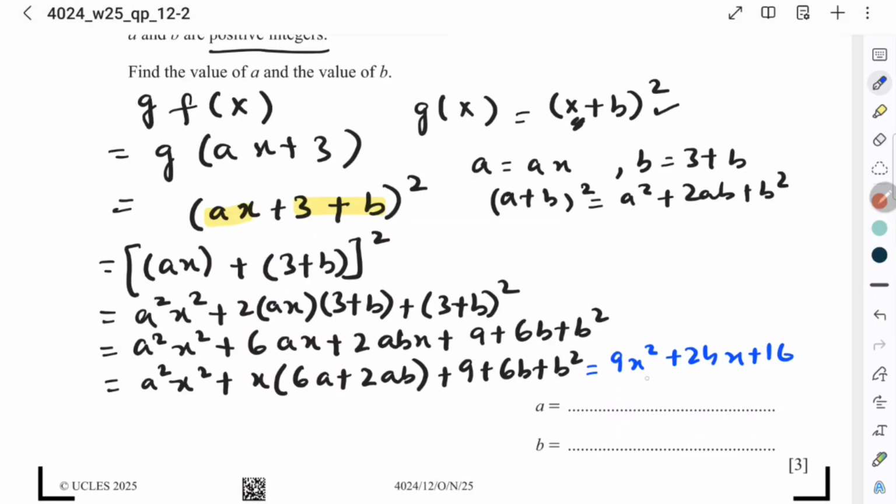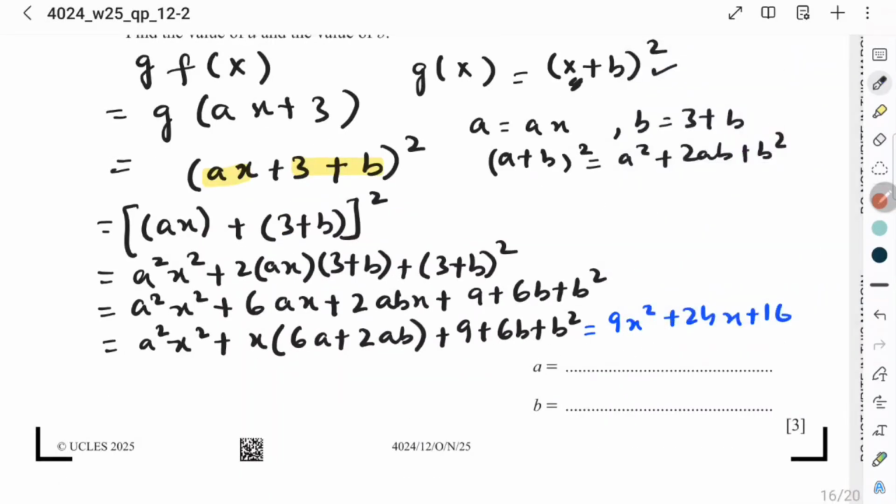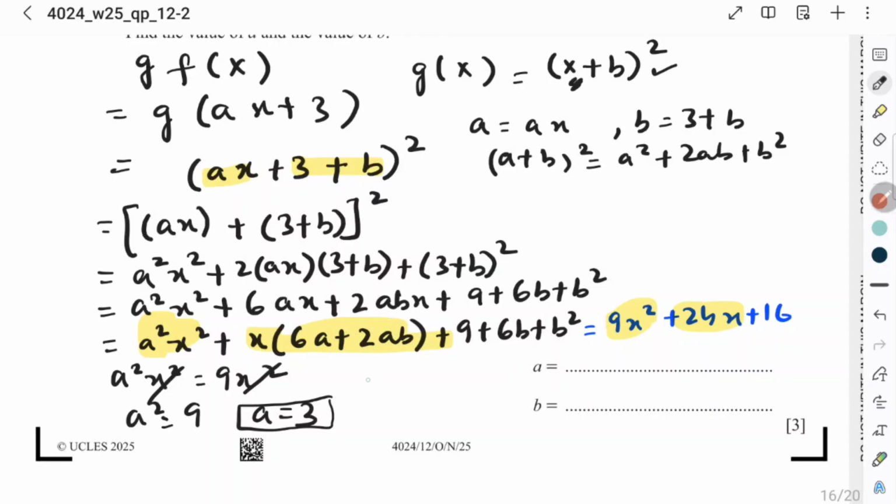So comparing coefficients. All right, now compare coefficients. a squared x squared is 9x squared. You compare x with the x, square with the square, and constant with the constant. So a squared is equal to 9. So a is equal to square root of 9, which is 3. We don't take negative. x times (6a plus 2ab) is equal to 24. x cancels. 6 3s are 18 plus 2ab.